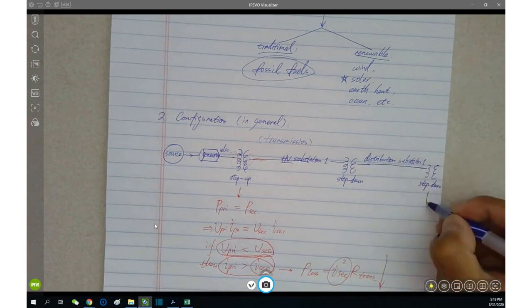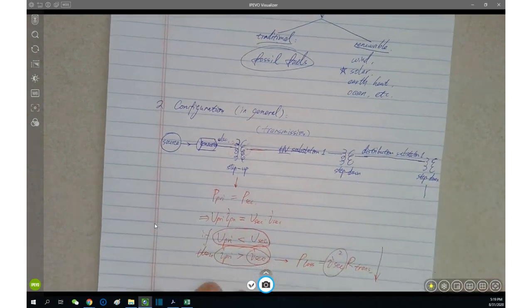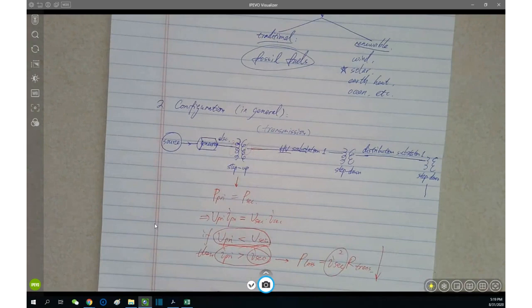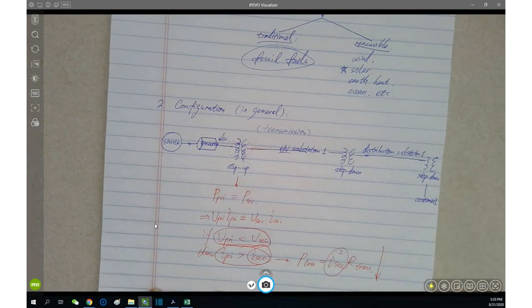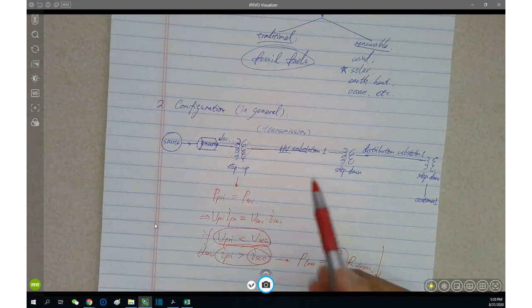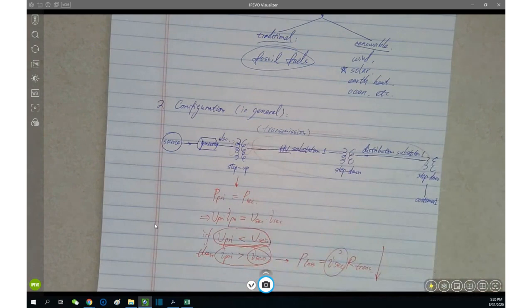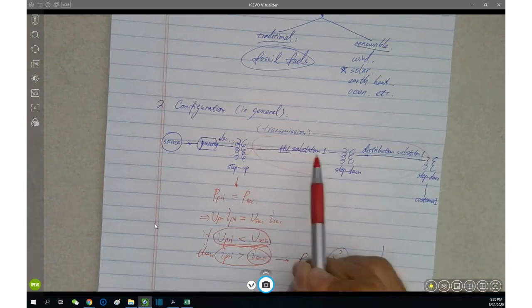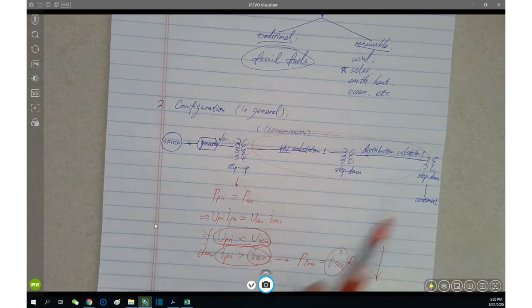I'm sorry, it's supposed to be in a line. However, have to turn right, and reach maybe customer number 1. So this is all transmission. This is all transmitting, and in the middle of the transmitting, we have different stages by applying multiple step-down transformers.